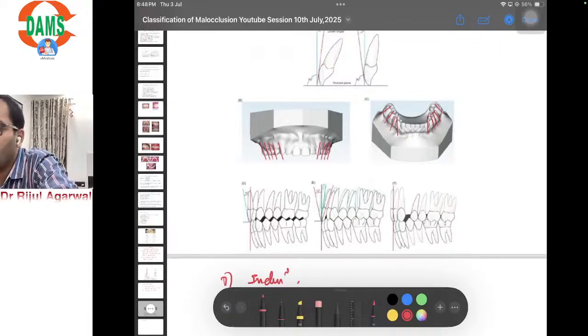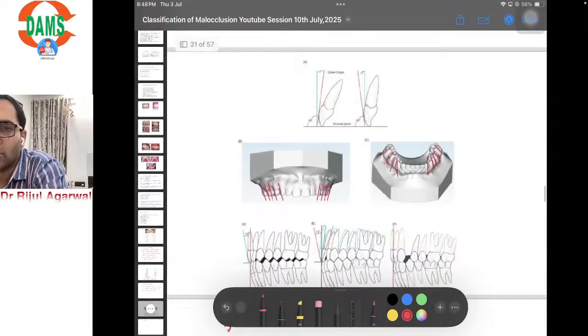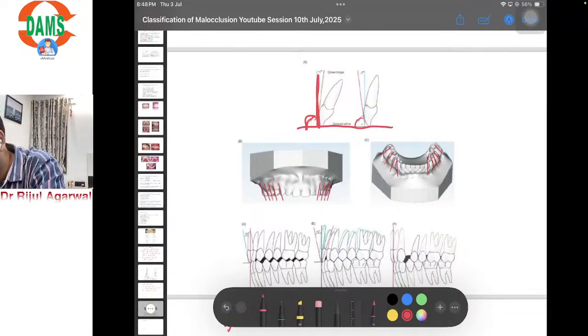One is the vertical line drawn perpendicular to the occlusal plane. The next line is tangent to the facial or buccal surface of the crown portion. The angle between them gives you crown inclination.